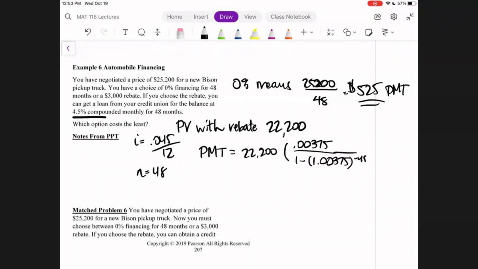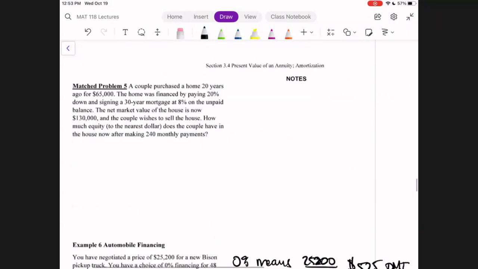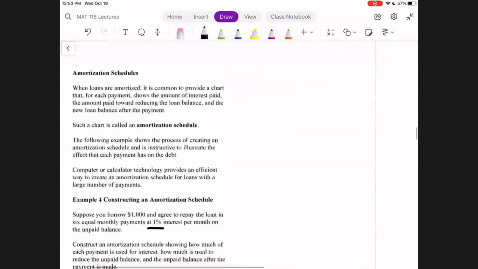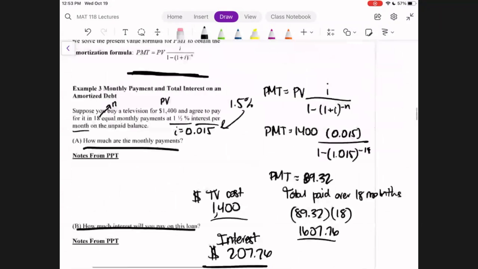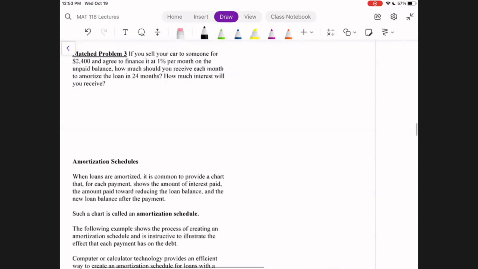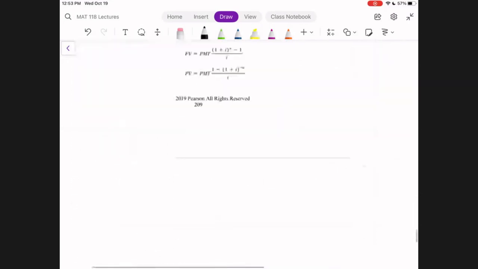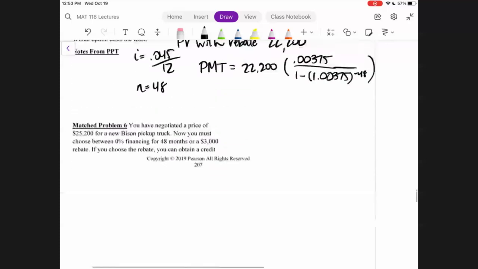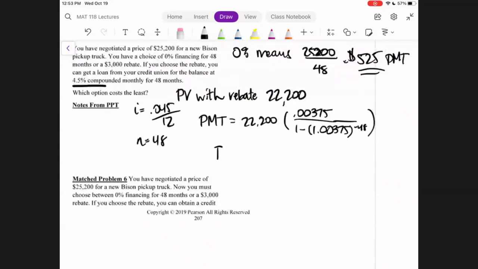Remember the formula that we talked about up here. What would your payment have to be? Doing all of this, we see that our payment is $506.24.